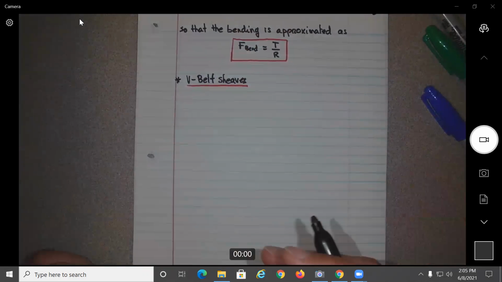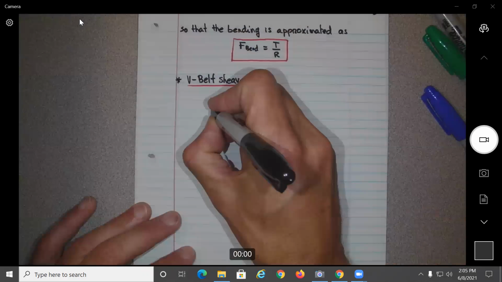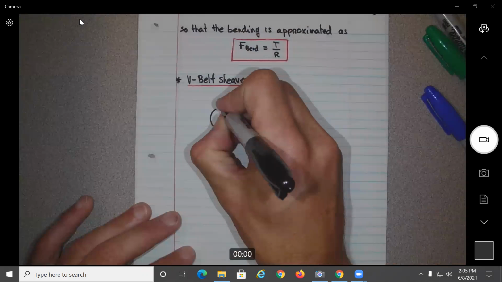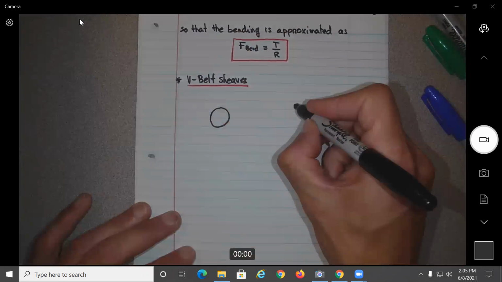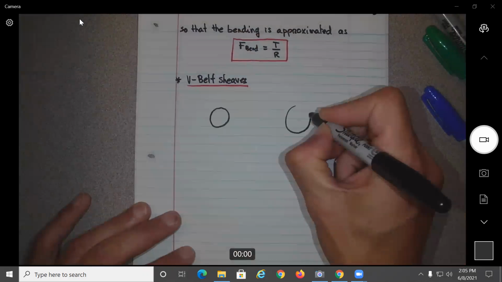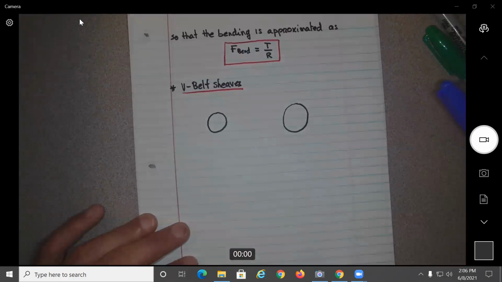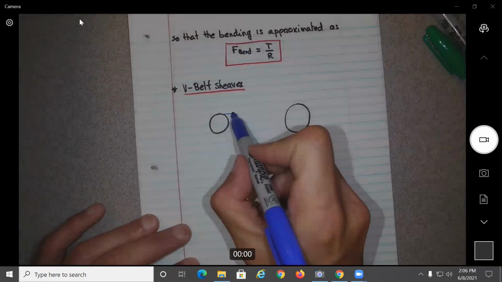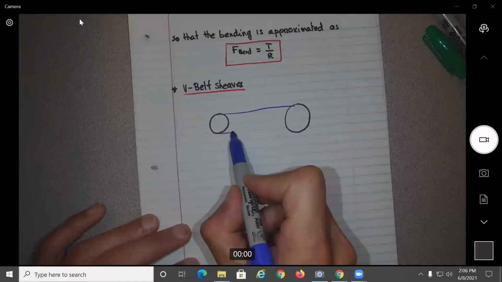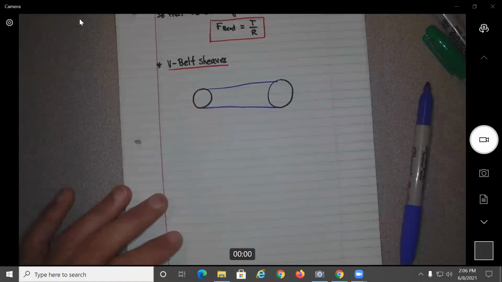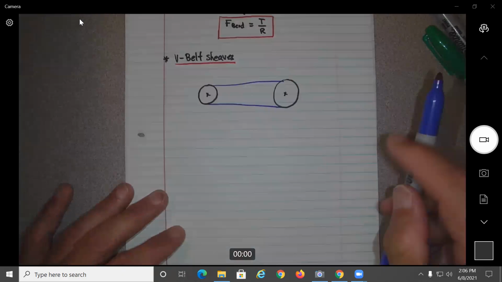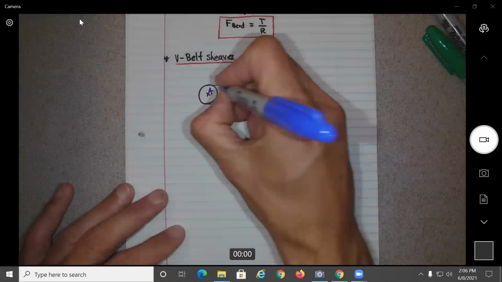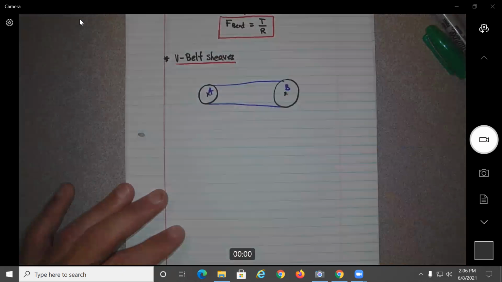So let me redo a figure again. A, B, so same figure as before.